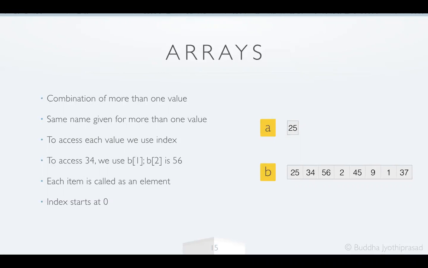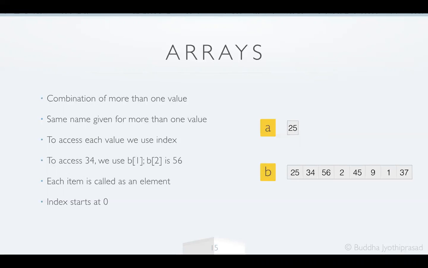Because arrays are zero-based indexes. What do I mean by zero-based indexes? That means the first element is called the zeroth index, so the second element is the first index. Likewise, the indexes always start with 0 and go until n-1.